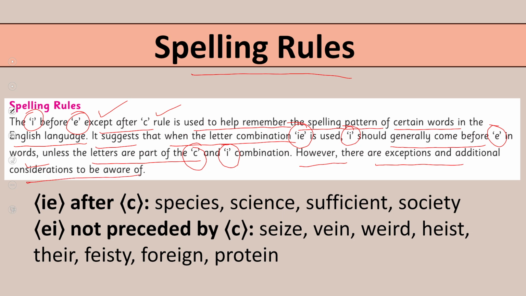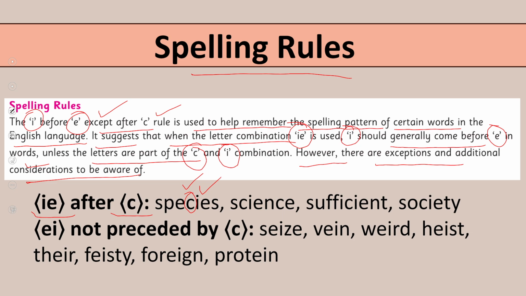First, I will always come before E, but when you have it after the letter C, then they will be reversed. They will be EI. But there are some exceptions. Let's go through the exceptions. For example, the letters IE after C. Here you can see that after the letter C, not EI but IE is coming.